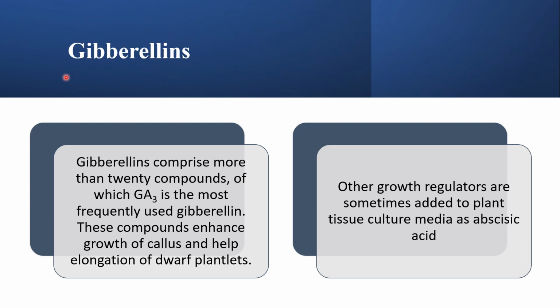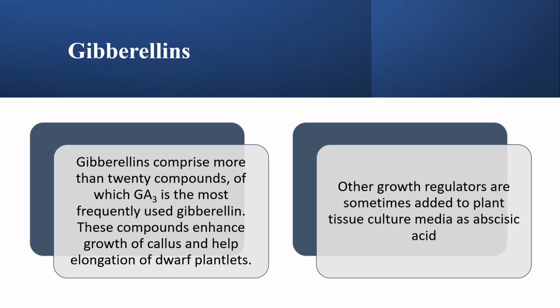Gibberellins. Gibberellins comprise more than 20 compounds, of which GA3 is the most frequently used gibberellin. These compounds are proven to enhance the growth of callus and also help the elongation of dwarf plants.